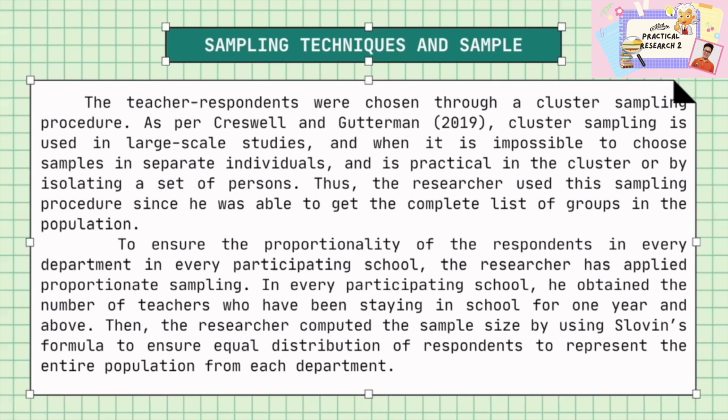So in every participating school, the researcher got the number of teachers who have been staying in school for 1 year and above. And then by the use of Slovin's formula, he was able to get the sample size in every department.